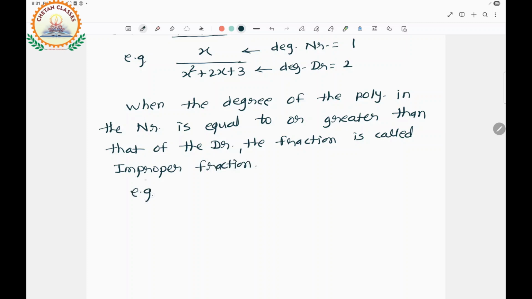For example, x square plus 1 upon x square minus 1. Here degree of numerator is equal to 2 and degree of denominator is also 2. So numerator and denominator degrees are equal. So this is called improper fraction.